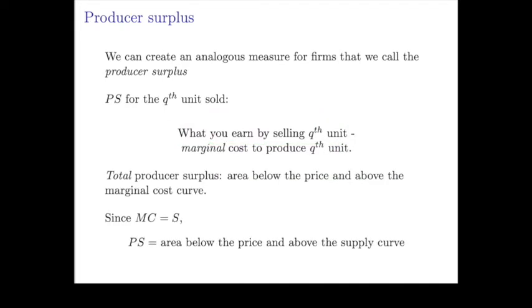So the total surplus is the area below the price, but above the marginal cost curve. But remember, the marginal cost curve is nothing but the supply curve. So we can articulate this producer surplus as the area below the price and above the supply curve. So it's very much the mirror image of the consumer surplus.